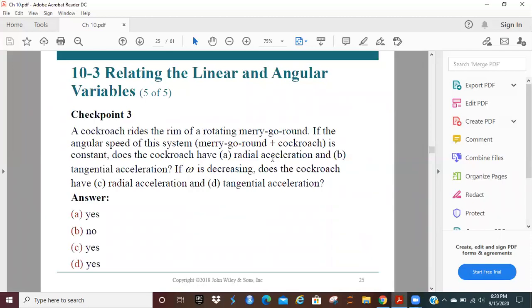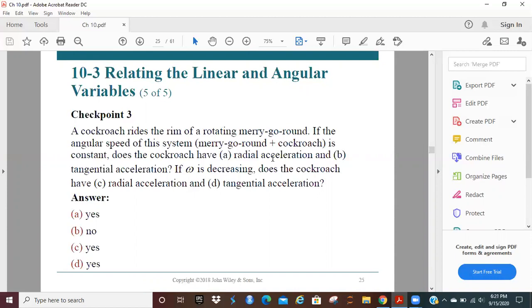So a cockroach rides the rim of a rotating merry-go-round. If the angular speed of this system, in other words, the merry-go-round plus the cockroach, is constant, does the cockroach have radial acceleration and tangential acceleration?